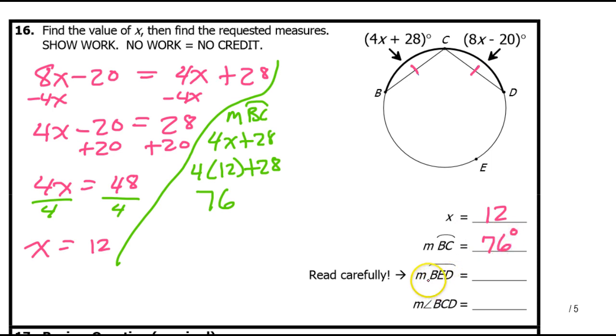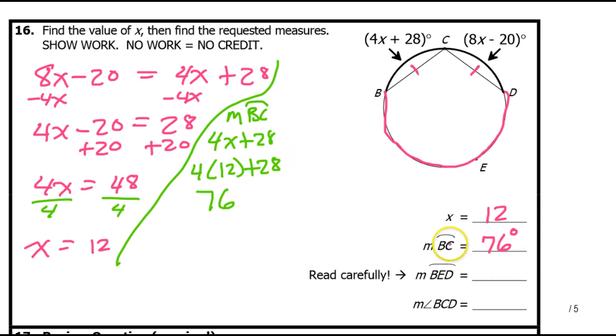Okay, now next we want the measure of arc BED. Okay, so arc BED is like this. It's the major arc that goes from B through E and around to D. Well, here's the thing.